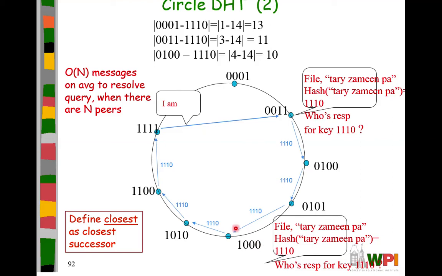It will do the same steps. It will compare this key with itself and with its predecessor and successor. Again, this successor will be closer. So it will forward the request to this pair, this pair will forward to this, and this pair will forward to this. When it comes here, the file is stored here. So this pair will then send the file to the requesting pair.